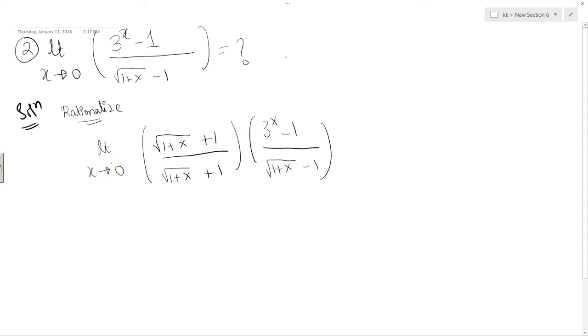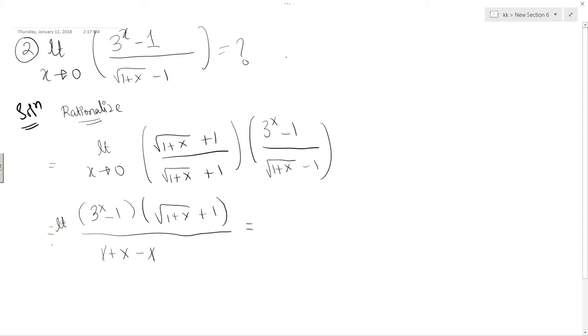to 0, and then we have 3 power x minus 1 times root 1 plus x plus 1, and this would obviously give us a plus b times a minus b is a squared minus b squared. So 1 plus x minus 1, then this would get cancelled, and let's now try to plug in the value of x because we've eliminated the terms.